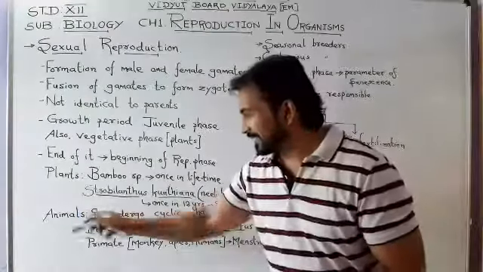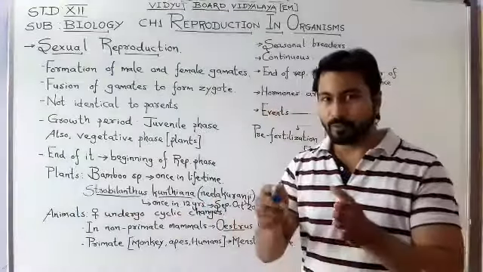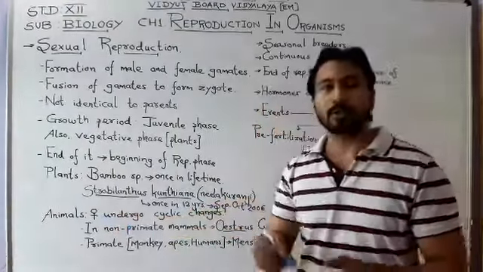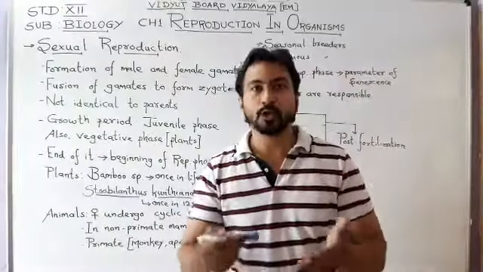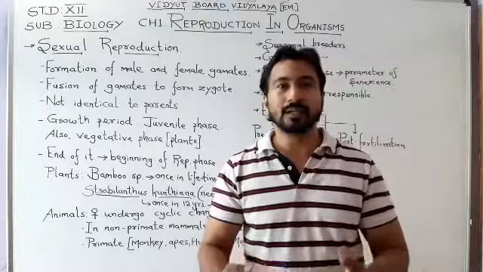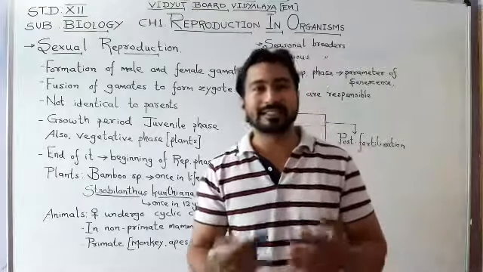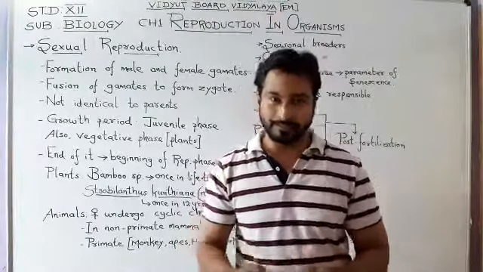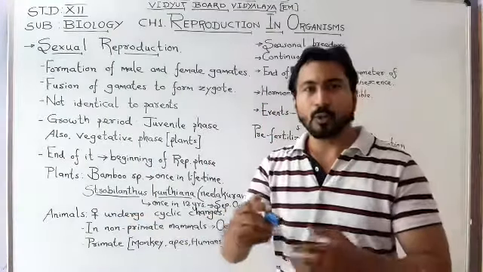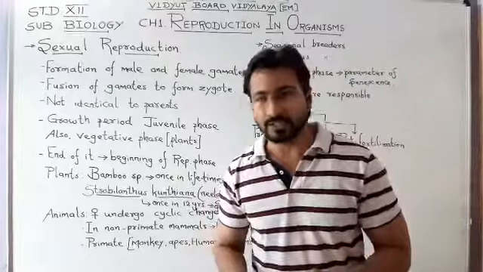Furthermore, in case of animals, the females undergo a lot of cyclic changes to prepare the body in such a way that the young one can be accommodated inside the body. So what are the names of these cyclic changes?